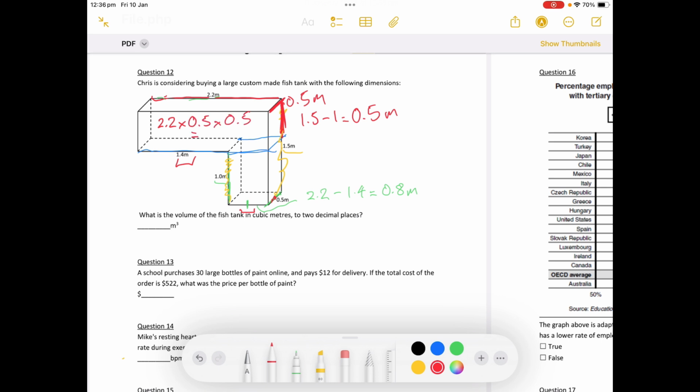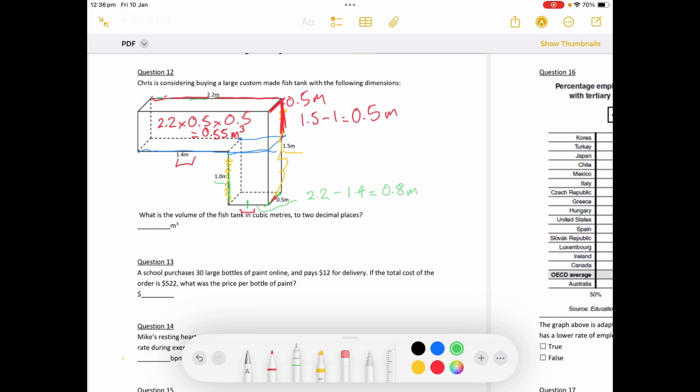If you enter that into your calculator, what you should get is 0.55 meters cubed for that section. Now the bottom section, let's see what that's going to be.